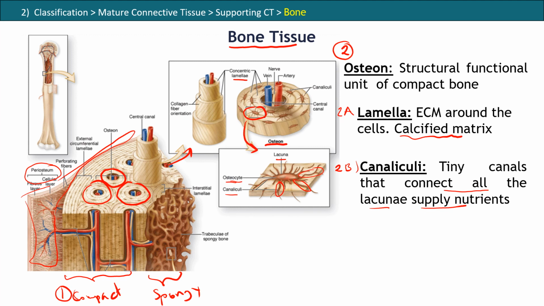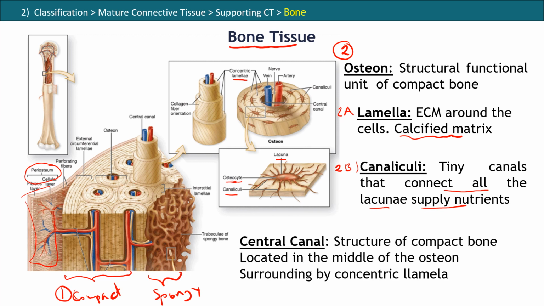Another important structure that I told you about is the central canal. And here you can see, let me try to remove some of these things so it's not too confusing for you. The last structure is the central canal, that I hope you can find very easily. Here you see a central canal here. Here, yeah, you see the central canal.